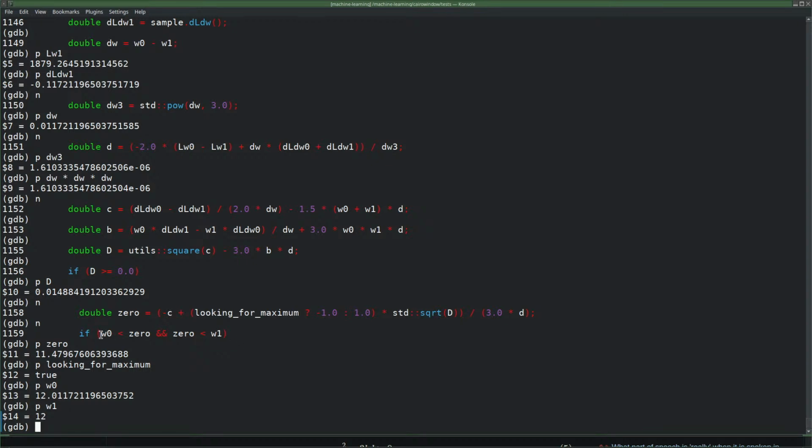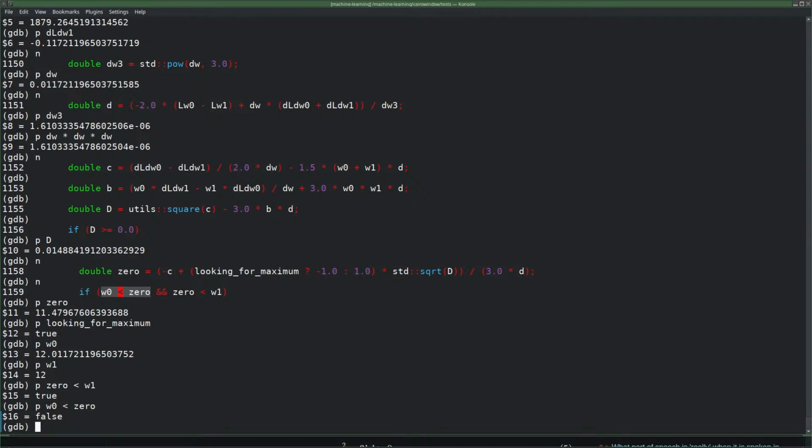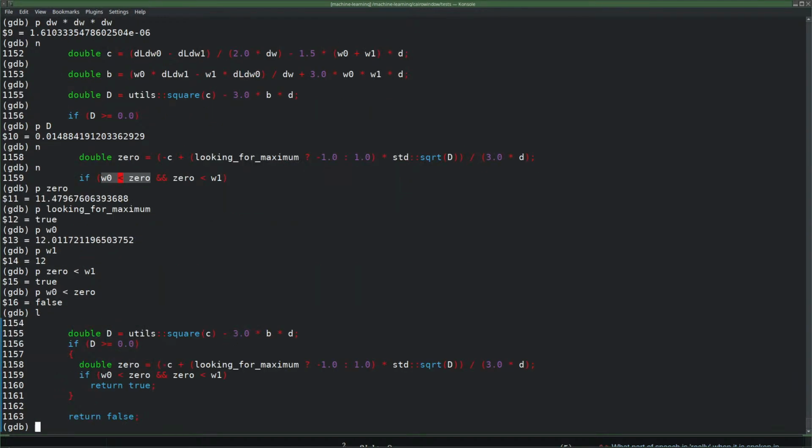The whole idea was that this should return false. But on the other hand, I think it should still return false, shouldn't it? Well, this is true. But this is false. Definitely should be false. Yep. So we do not jump into the if, and therefore we're going to return false. As in, do not ignore it. Oh!